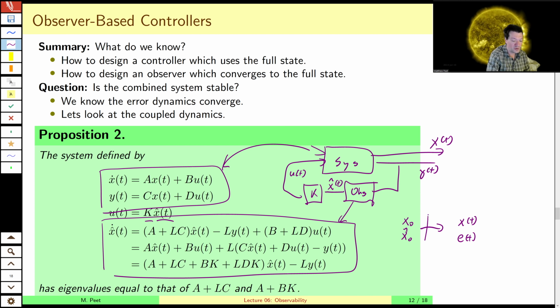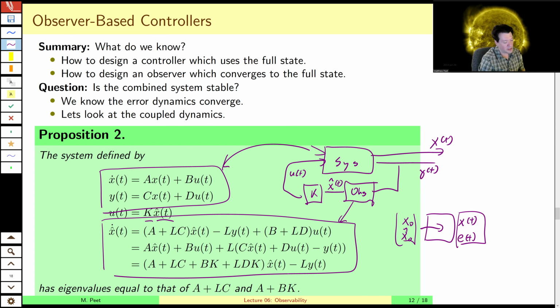So if we look at the overall system, we close the loop on all these inner blocks. When we close that loop, this map is stable, and that's what we want to ensure here. And what we find out is that it is. So basically what we show is that the eigenvalues of this larger block are nothing more than the union of the eigenvalues of A plus LC and the eigenvalues of A plus BK.